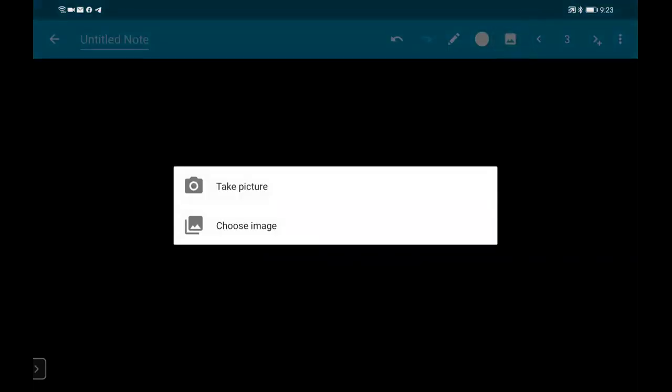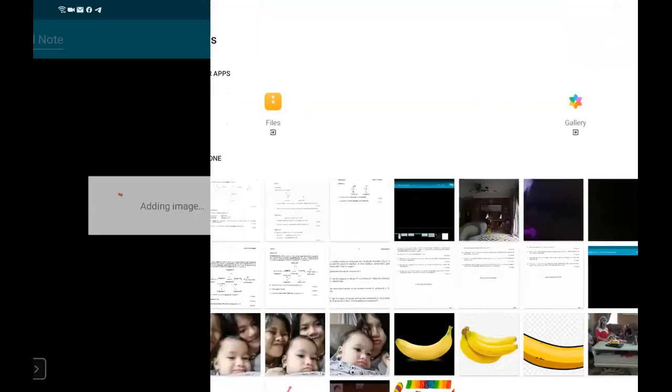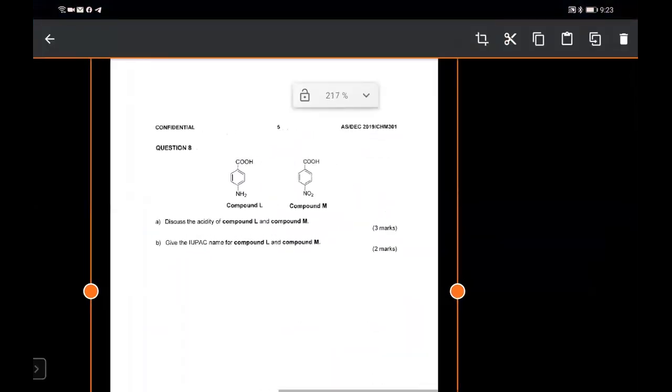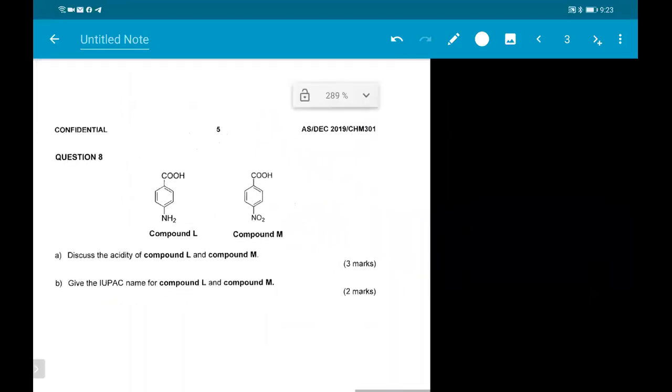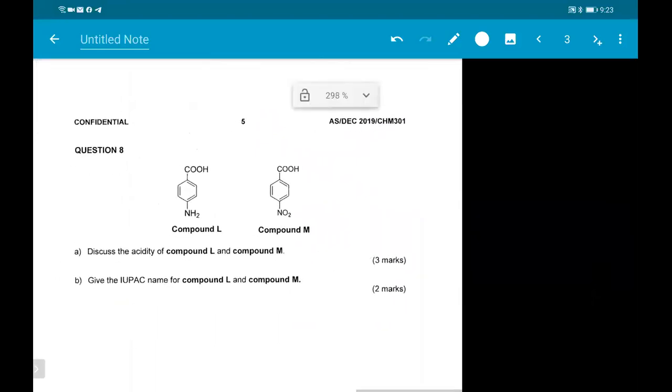Okay, ni sebenarnya saya dah pilih beberapa soalan dah sebenarnya. Alright, this was taken, as you can see here, in December 2019, okay, session 301, right, the previous semester punya paper.